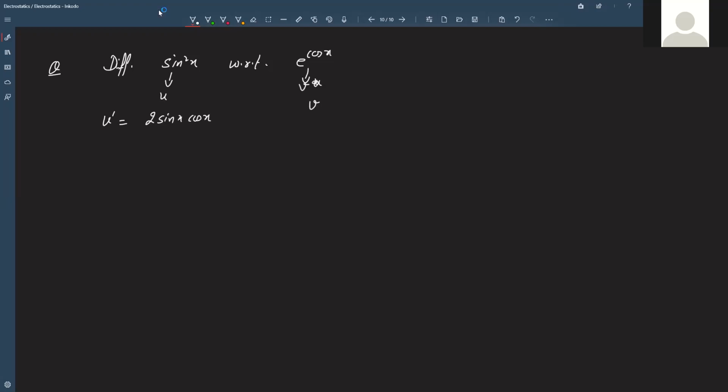V dash, that is this function's differentiation, will be e to the power cos x as it is, and then differentiation of cos x, that is minus sin x, and then the required differentiation which we have to find actually du by dv. So you just divide them, that is 2 sin x cos x divided by minus sin x into e to the power cos x.